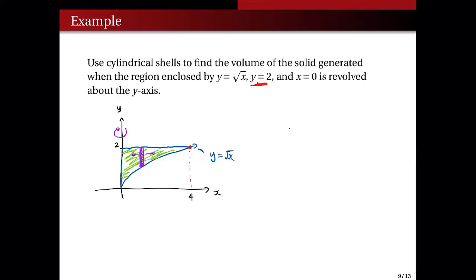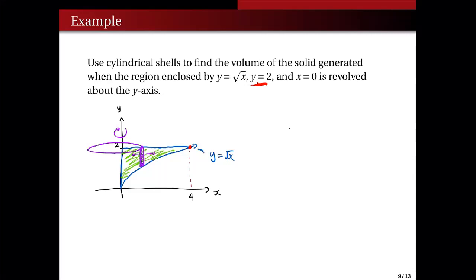So our integral will be from 0 up to 4. Now look at this. After the revolution, we will see this cylindrical shell. So we will have something like this.